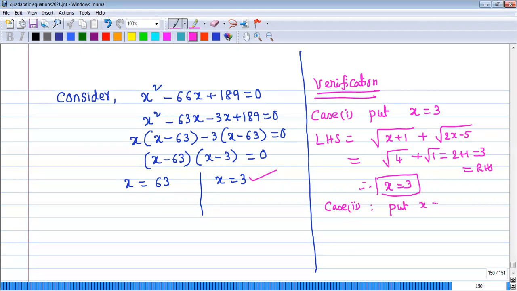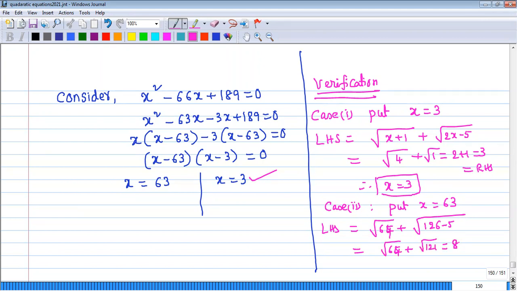Case 2: put x is equal to 63. Left hand side, root of 64 plus root of 126 minus 5. 62 into 3 is 126. 126 minus 5 is square root of 121.